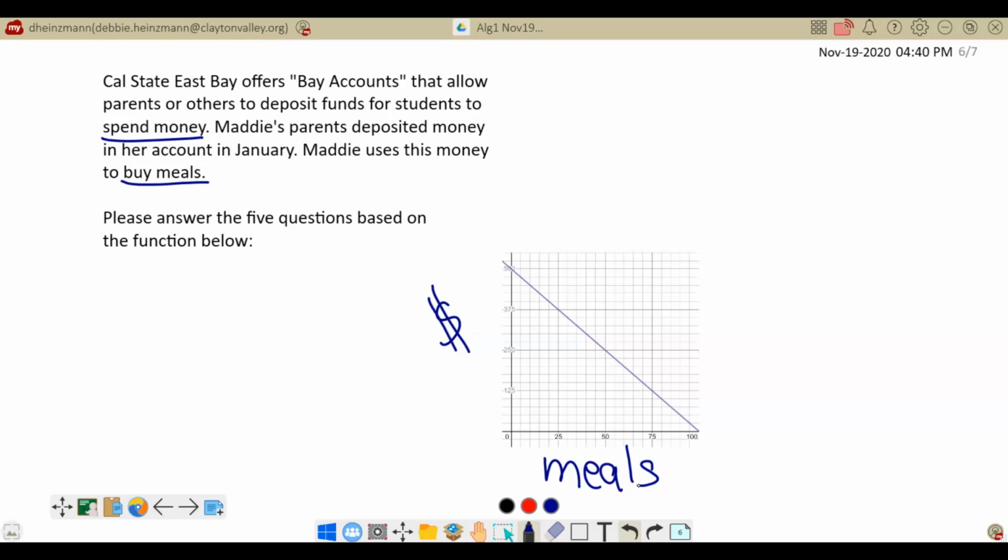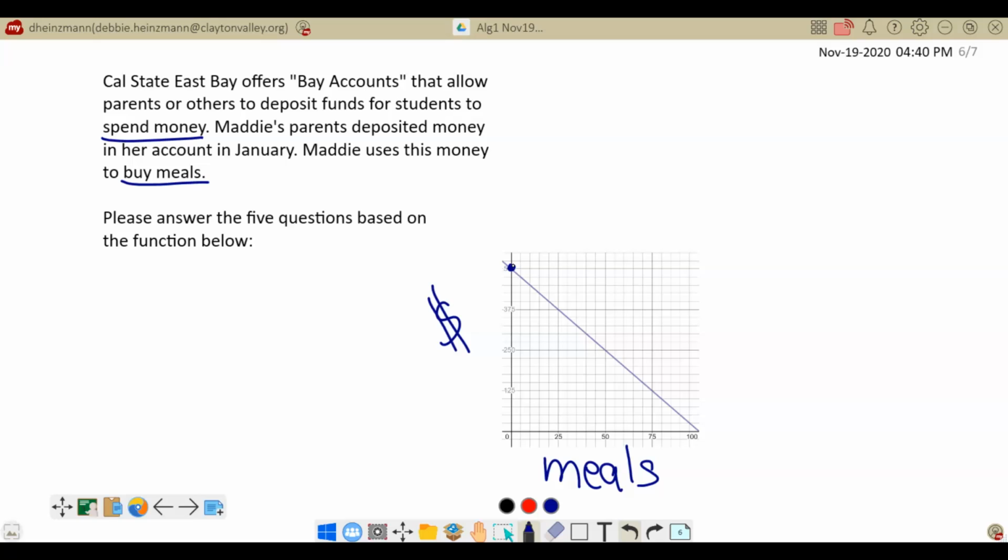Next, let's look at the y-intercept. Here it is. It's up here at 500. So what does it mean in this particular circumstance? Well, what it means to me is that that's the amount of money that got deposited.